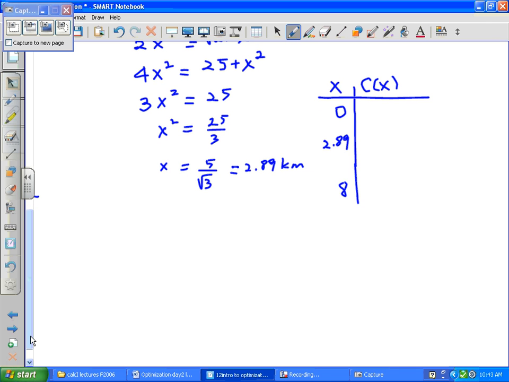Okay, now the cost function was a messy one. So the easiest way I would suggest that you do this one is put your cost function to your y1, and then go to your table, put 0, 2.89, and 8, quickly evaluate the cost function at these 3 points.